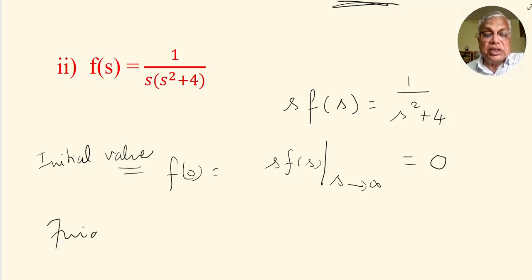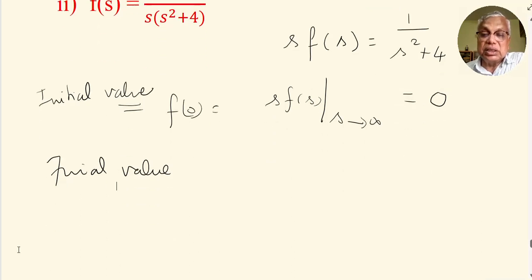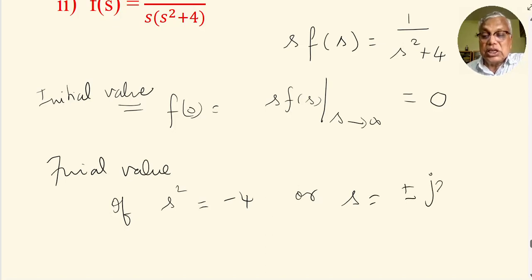Now, to use the final value theorem, here also you check: does s into F(s) become infinity for any value of s? Yes. Here if s square equals minus 4, or s equals plus or minus j2, where j square is minus 1, that is, j is root of minus 1, a complex number.